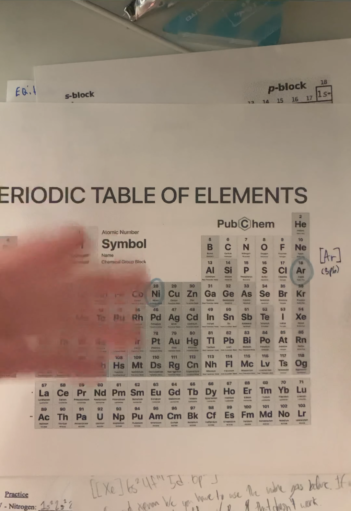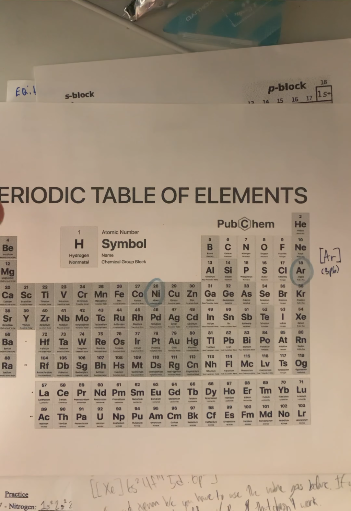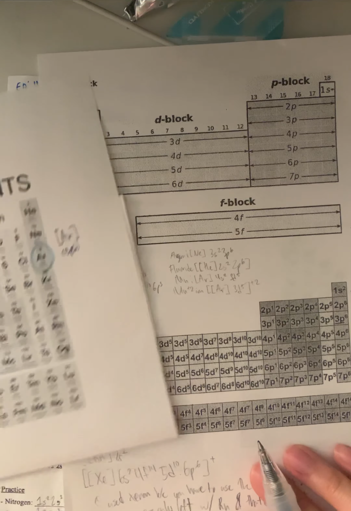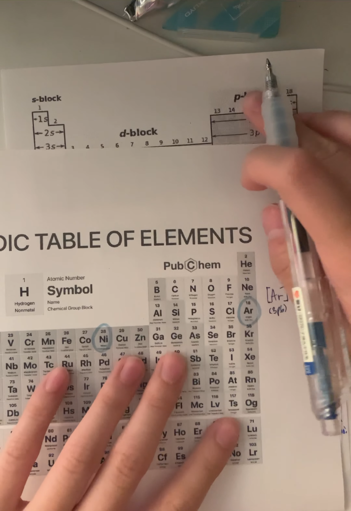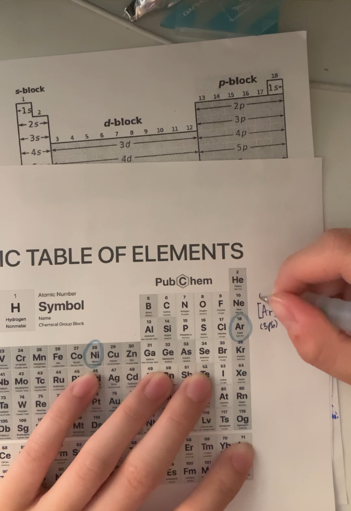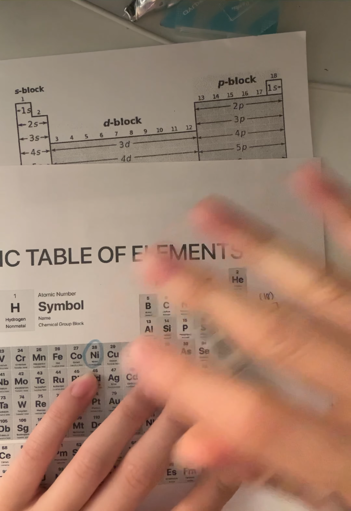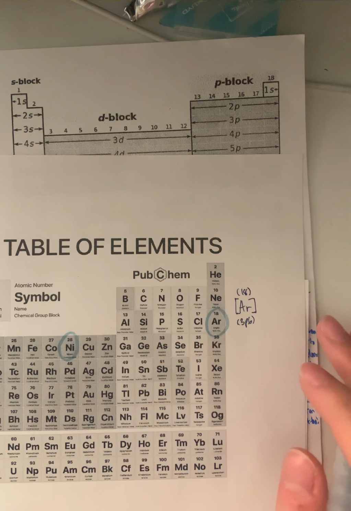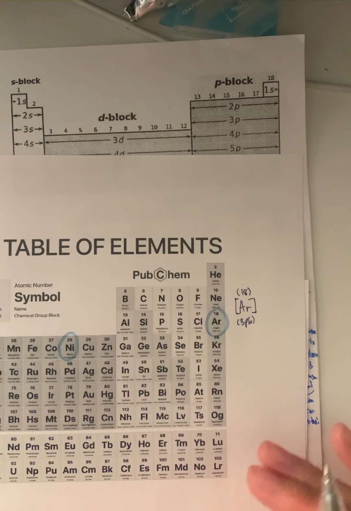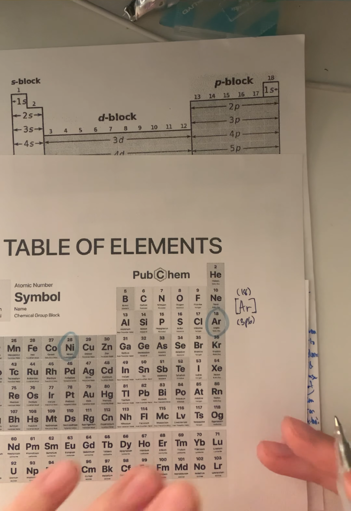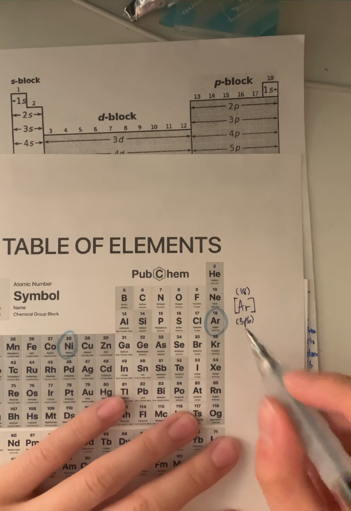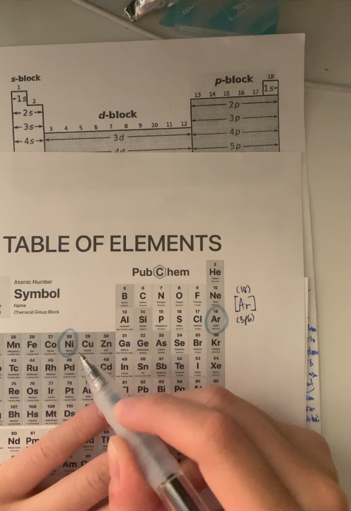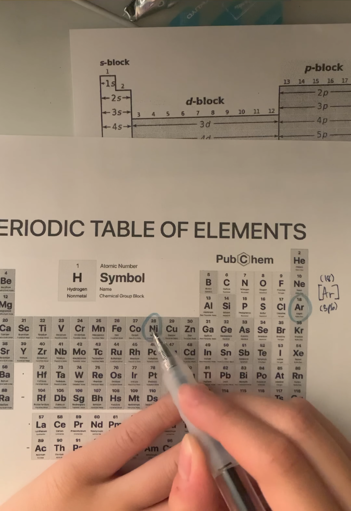So unless it says ion, like bromide ion or something, it's just going to be the same. Right now we'll pretend that it is neutral. So for argon, I also like putting the number of electrons, because my brain does not work in a very organized way, as you can tell by the video. So we have 18 and we're trying to get to 28 for nickel.